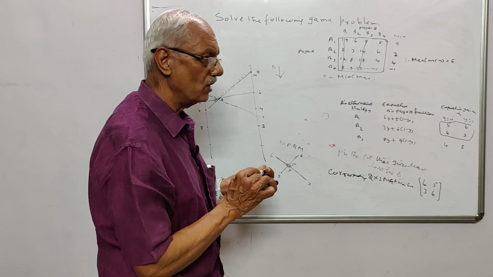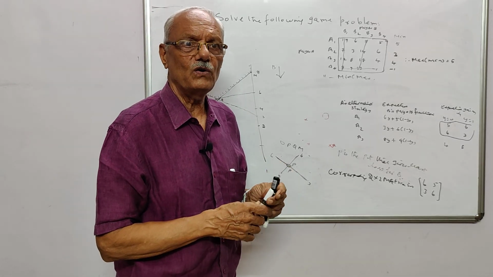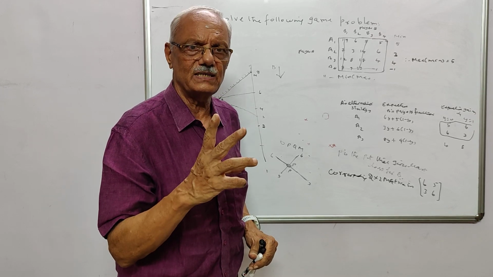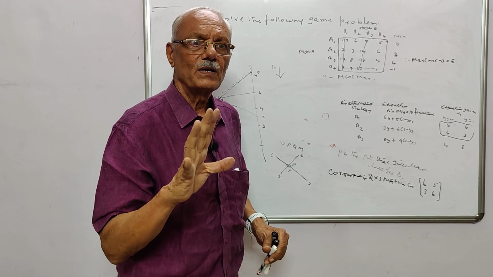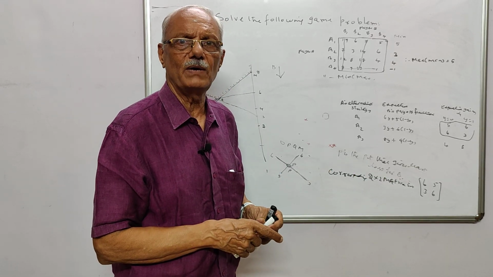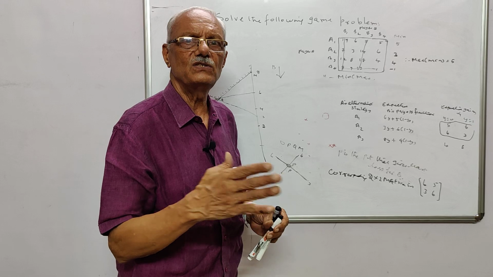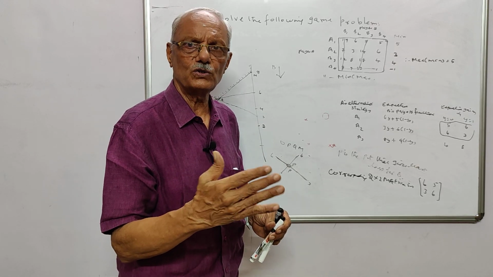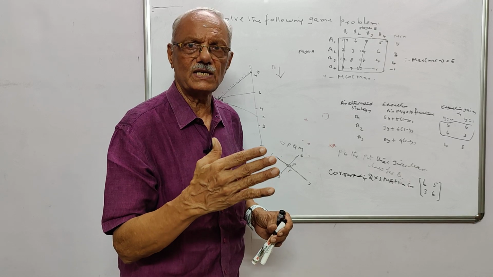So what is the 2? That's what I told you. You have to find the 2 cross 2 matrix, because A will use 2 strategies, B will use 2 strategies, and therefore these are the 2 cross 2. This is the 2 cross 2 matrix, which means that A is using his best of the 2 strategies, and B is also using his best of these 2 strategies.